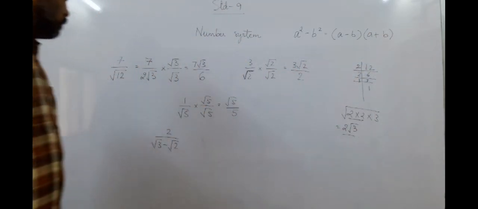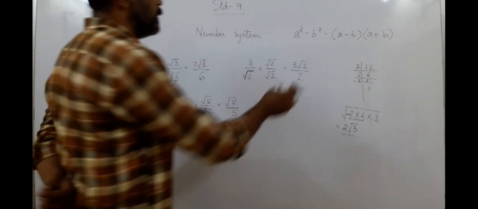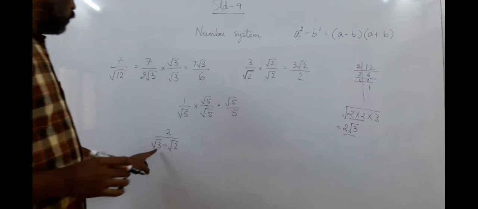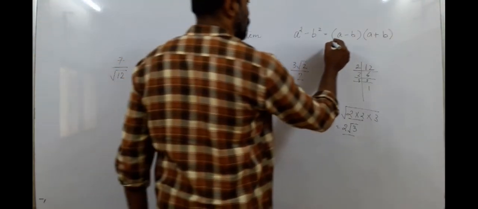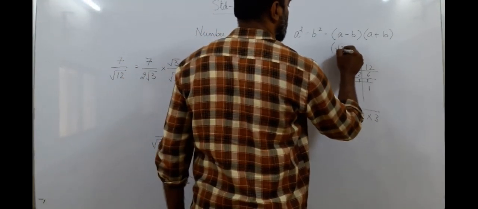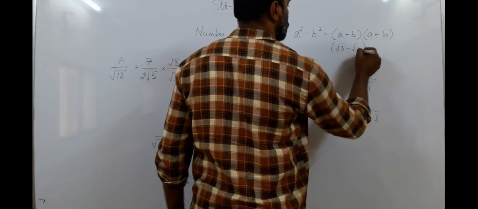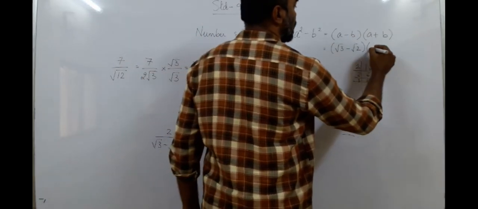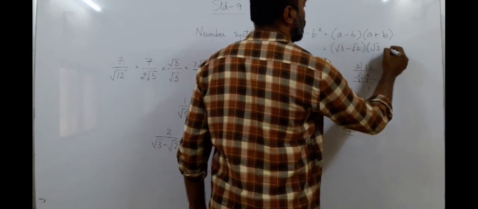Yes, we know a minus b into a plus b is a square minus b square. So we have got this as a minus b as root 3 minus root 2. So a minus b is root 3 minus root 2, then a plus b will be root 3 plus root 2.